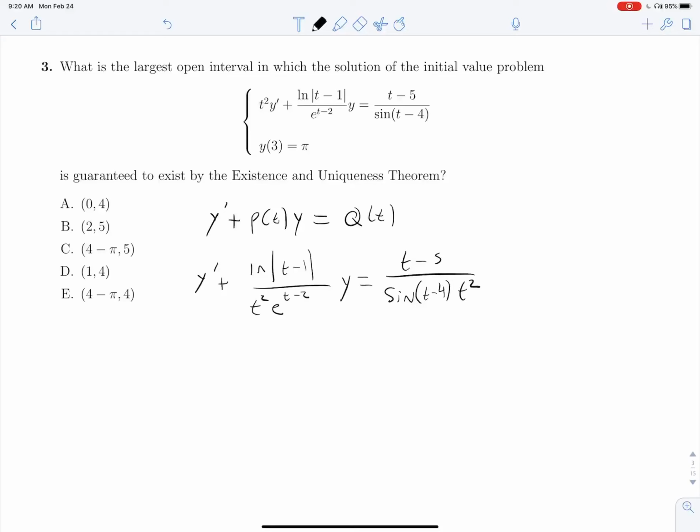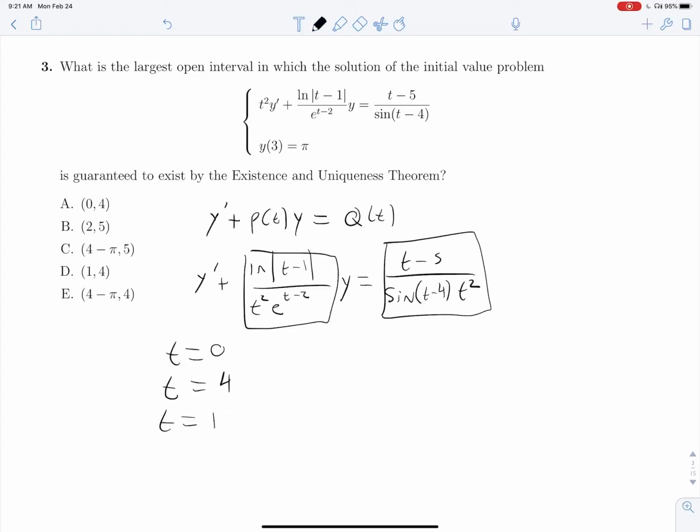So we'll see pretty quickly that p of t, given right here, and q of t, given right there, are undefined when t is equal to 0, or when t is equal to any multiple of pi plus 4. So t equals 4 plus pi, t equals 4 minus pi.